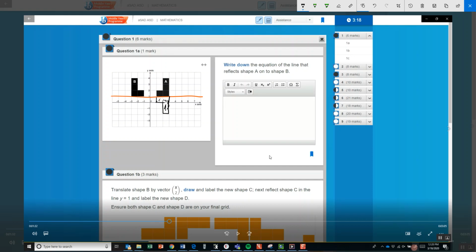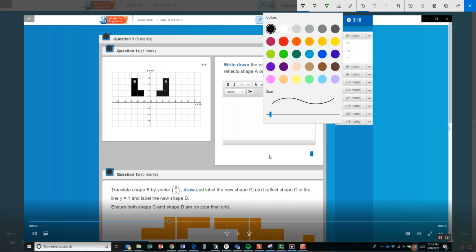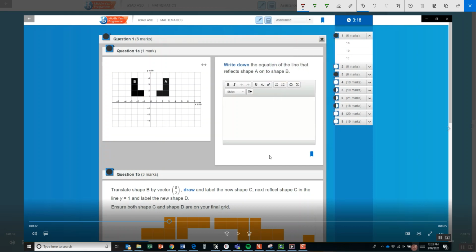But that's not what we want. We want it to reflect over onto B. Give me another idea of where this line would be, where A is reflecting onto B. Y equals 4. It has to be a line, so something equals.